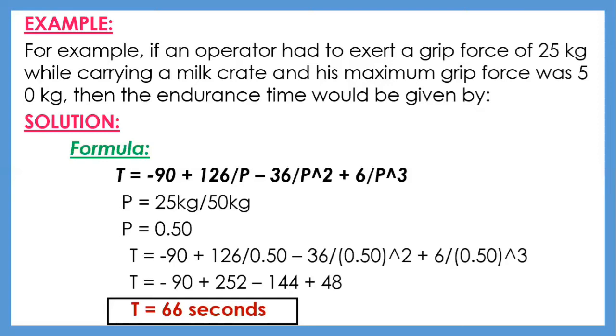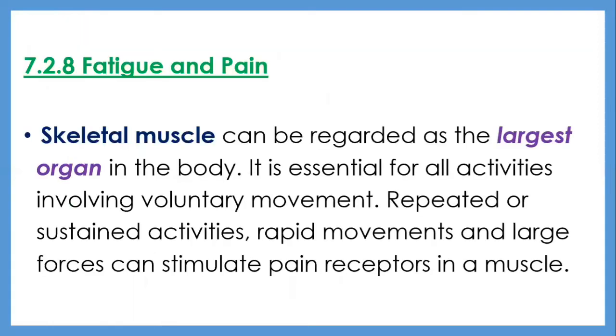Now, we also have fatigue and pain. And remember that skeletal muscle can be regarded as the largest organ in the body. It is essential for all activities involving voluntary movement. Repeated or sustained activities, rapid movements, and large forces can actually stimulate pain receptors in a muscle.